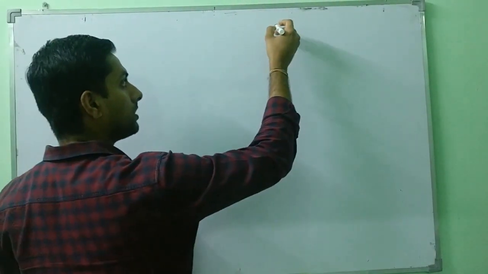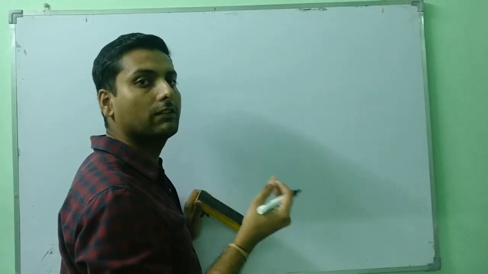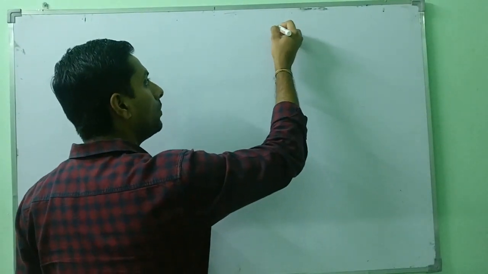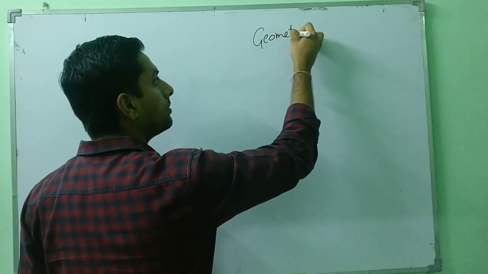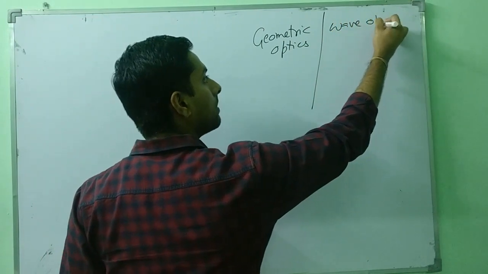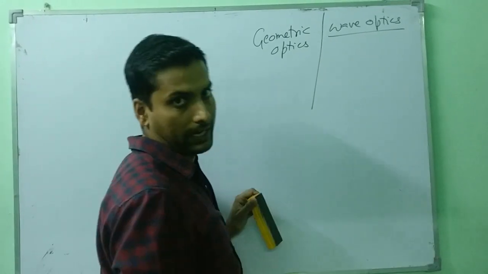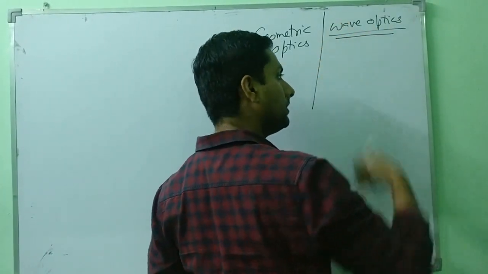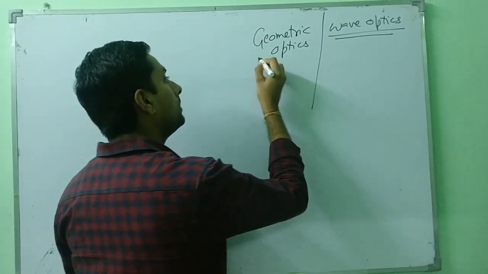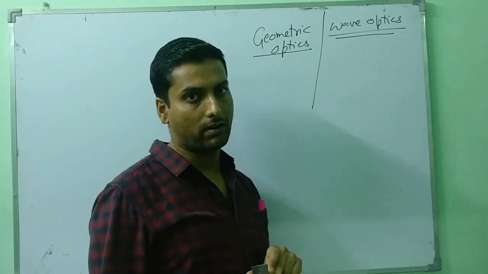Now we have to study two different types of optics. First we should know the basic difference between two different types of study of light, that is optics. One we call geometric optics and the other one wave optics. When you talk about the wavelength of light, it is automatically considered under wave optics. And when you talk about the nature regardless of the wavelength of light, it is called geometrical optics.